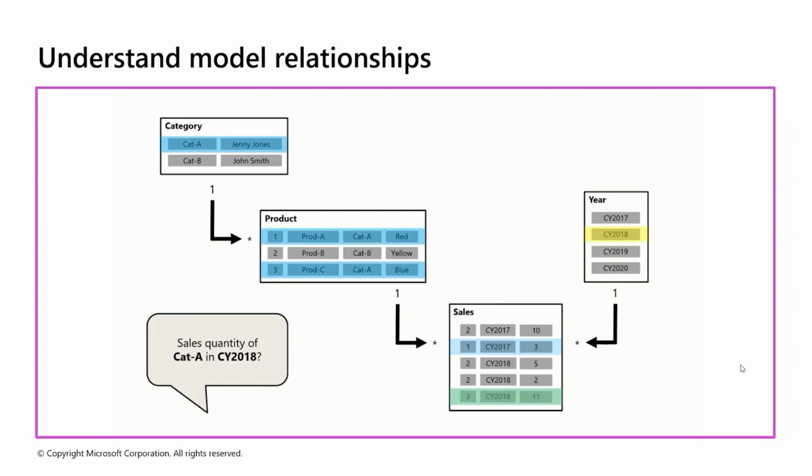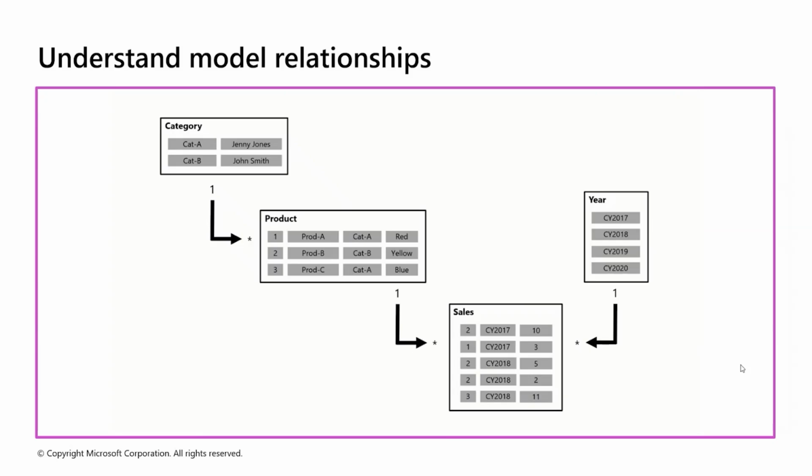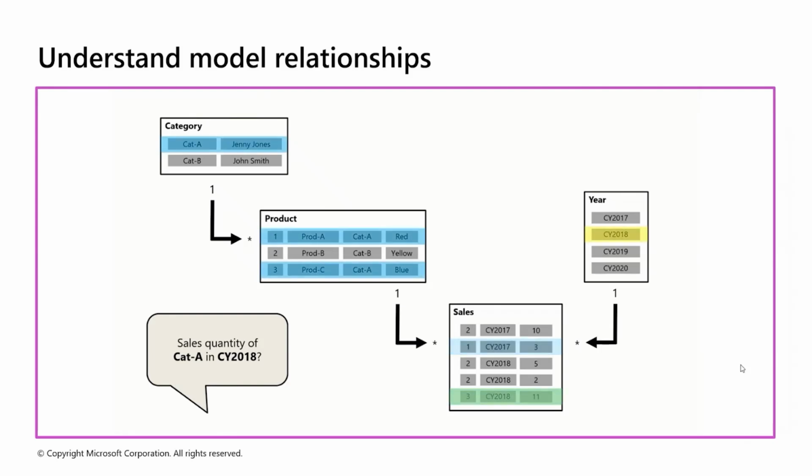A query possibly generated by a Power BI card visual requests the total sales quantity for sales orders made for a single category, which is category A, and for a single year, CY 2018.